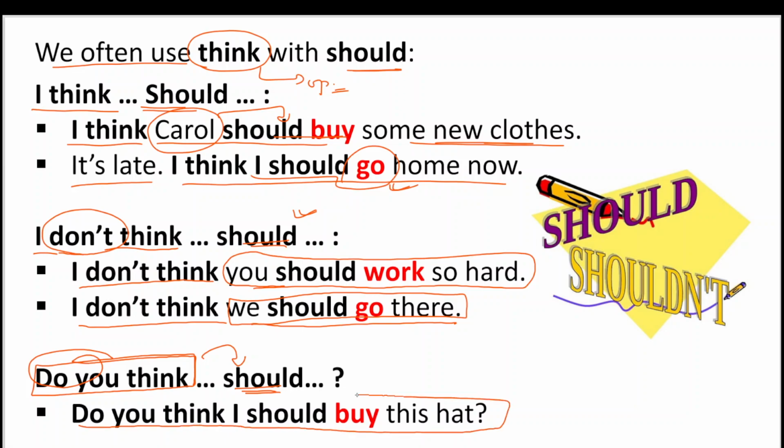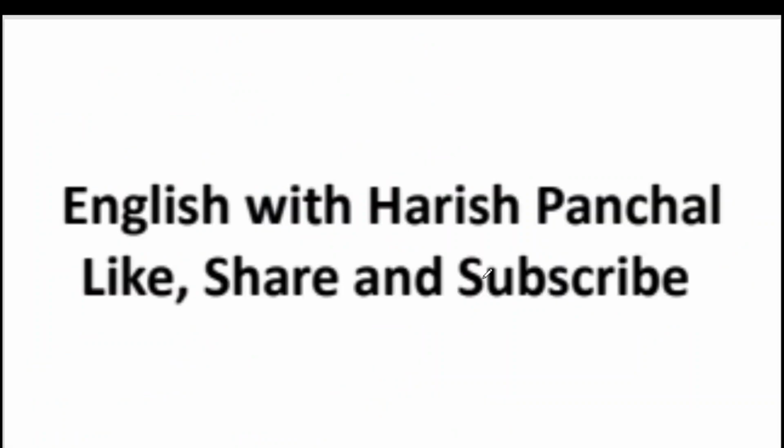Okay, so here I am asking somebody else's opinion about buying this hat. So this is also a structure of using should. We use should with think. Okay, so this is in the positive way, this is in the negative way, and it is in the question way. So this is the use of should with think.